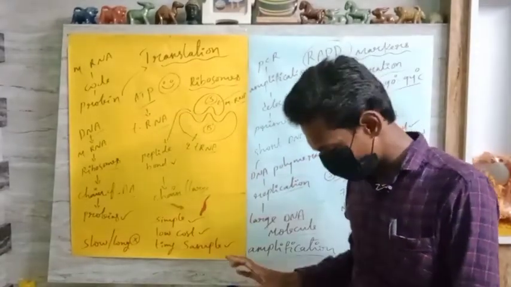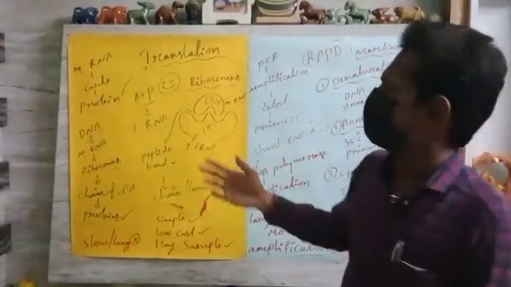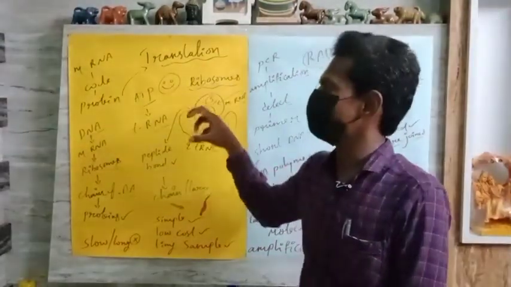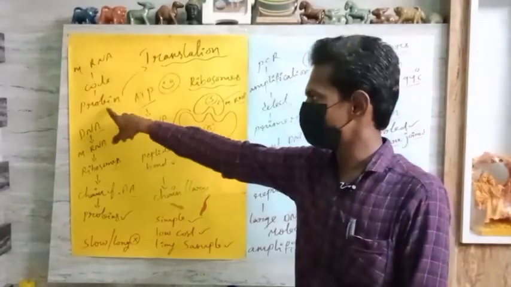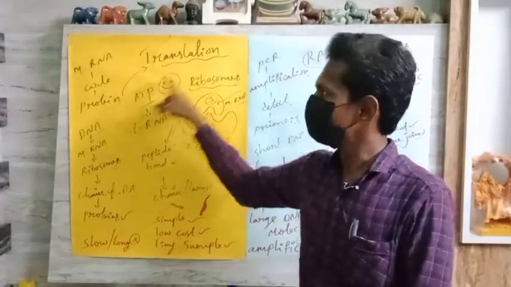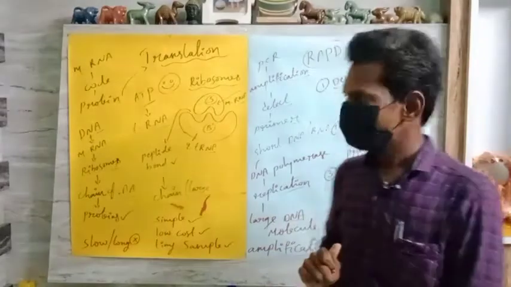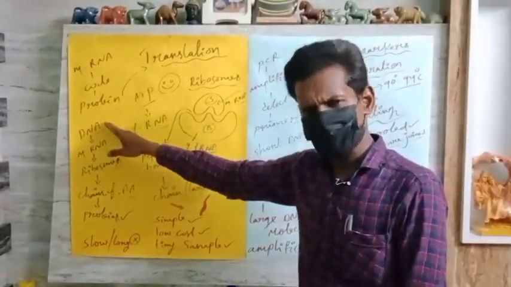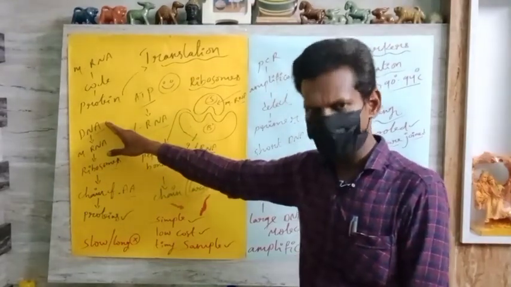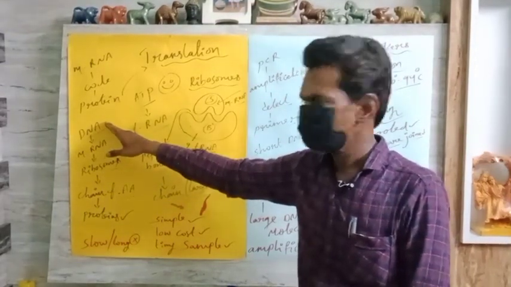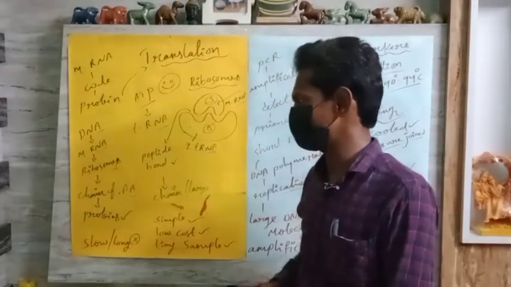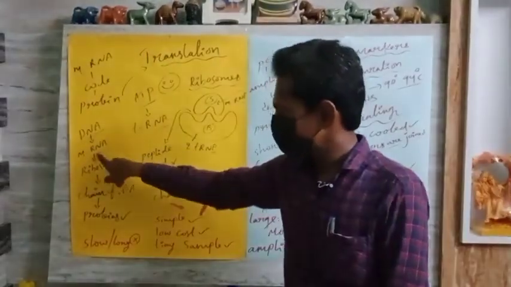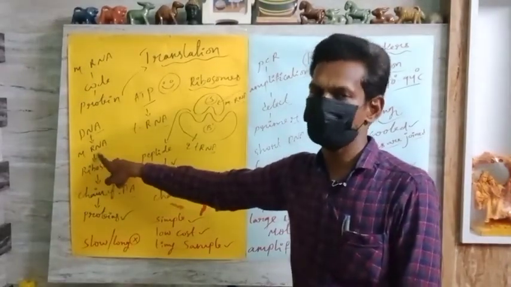Let's see the mechanism briefly. Once again, what is translation? Messenger RNA codes the different types of codons for the synthesis of protein; that is translation. In a cell of a living organism, especially higher organisms like human body cells, there is DNA, deoxyribonucleic acid. This DNA forms the messenger RNA.